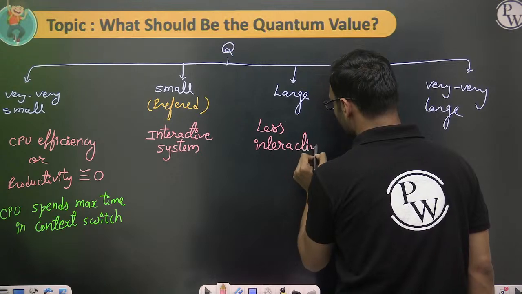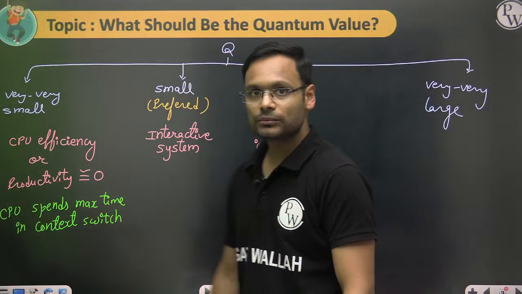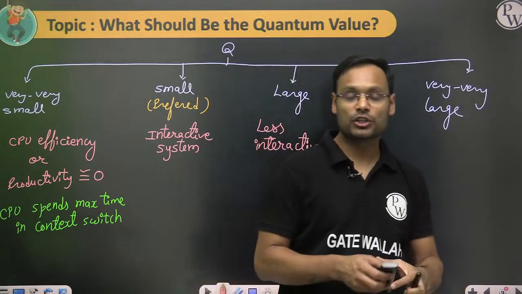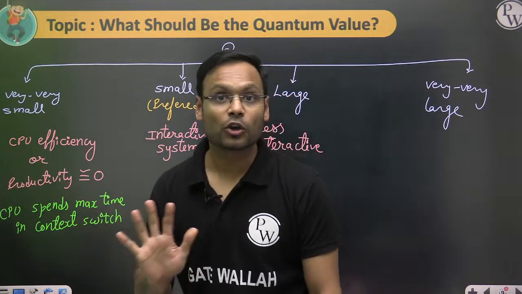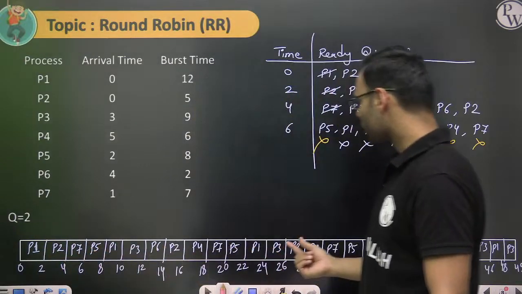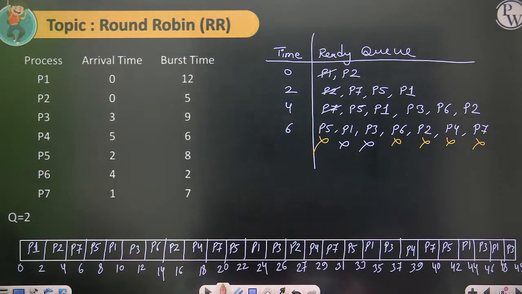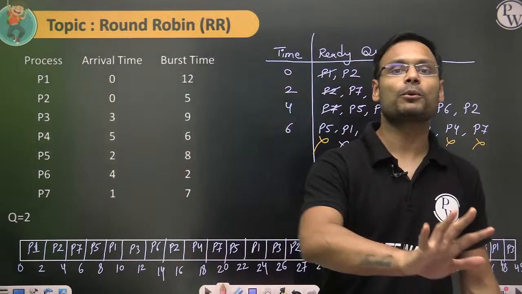And we will not prefer this also, just because we want the system to be interactive like our computer system, in which we feel like all processes are running in parallel, but they are not actually running in parallel, they are running in round robin manner. Quick switching happens so that we feel like all processes are running in parallel, just because we are getting a response for each process.